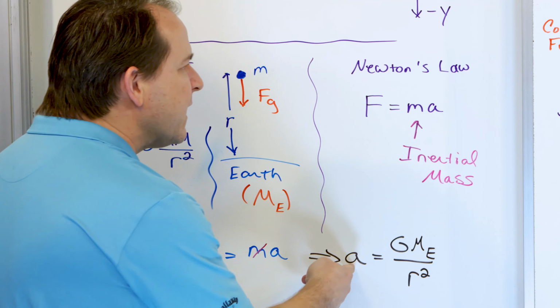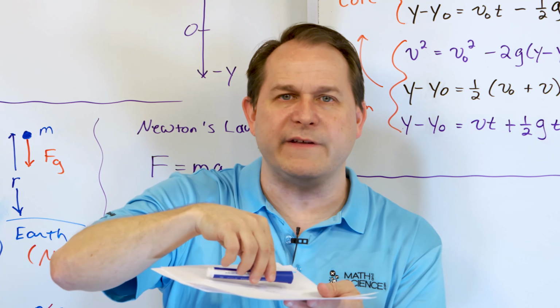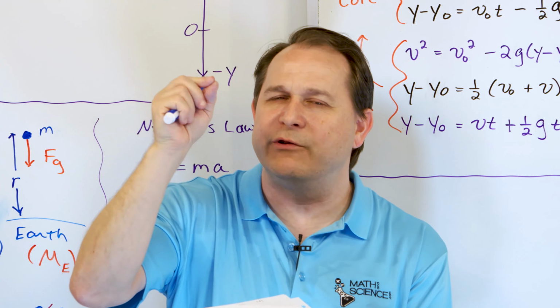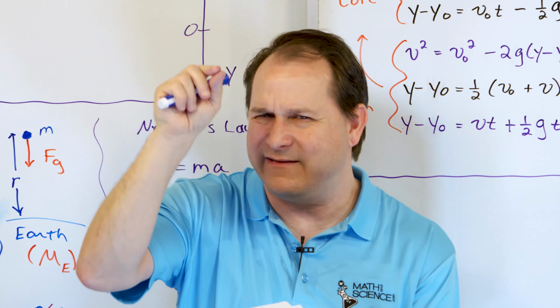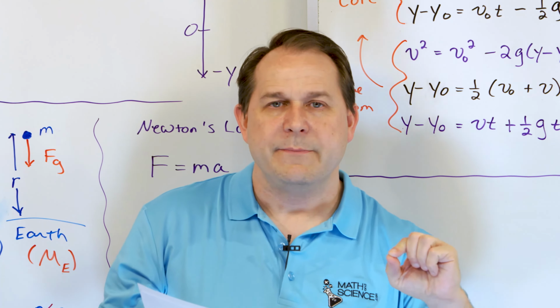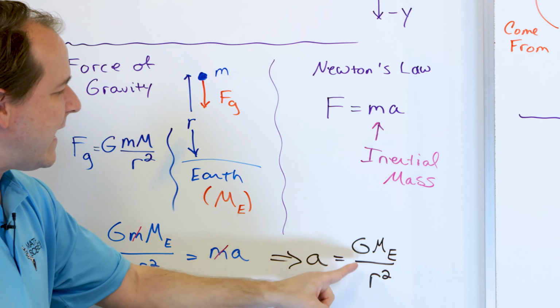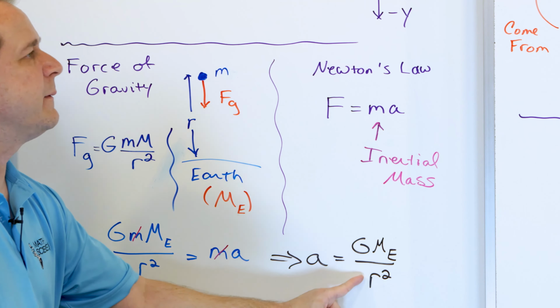So this means that if an object actually starts here and then gets a little bit closer to the center of the Earth, technically g, which is 9.8 meters per second squared, does change. It is slightly different from here to here, because we can see right here that the acceleration due to gravity, which we just kind of derived, depends on the distance from the center of the planet.